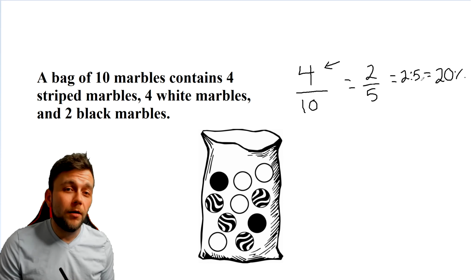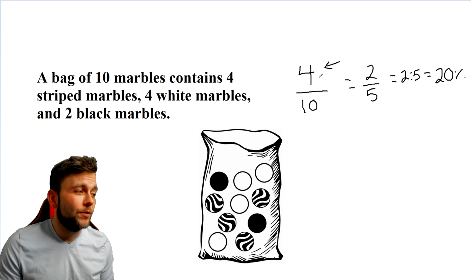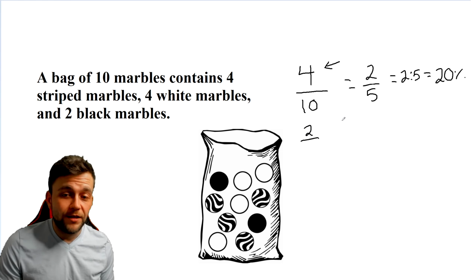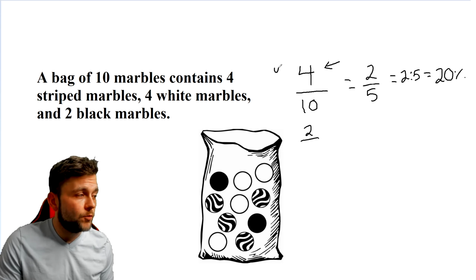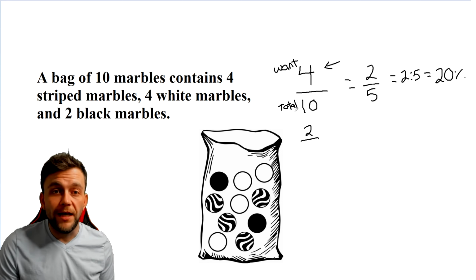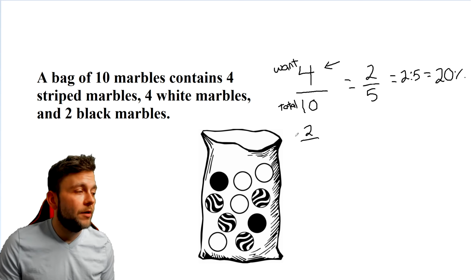Now, what's my probability of pulling a black marble? So I only have 2 black marbles. This is what I want. So top number is what you want. Bottom number is total of your event. So up here, we have 2 black marbles.